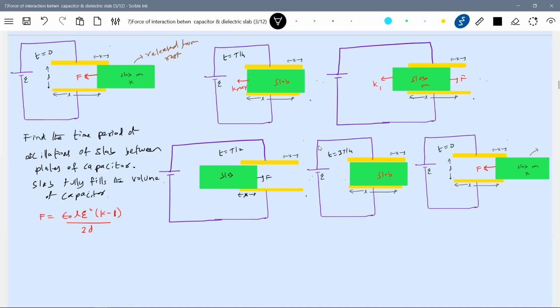Okay, there's a maximum kinetic energy. Then instantaneous rest. Okay, this will become one time period.